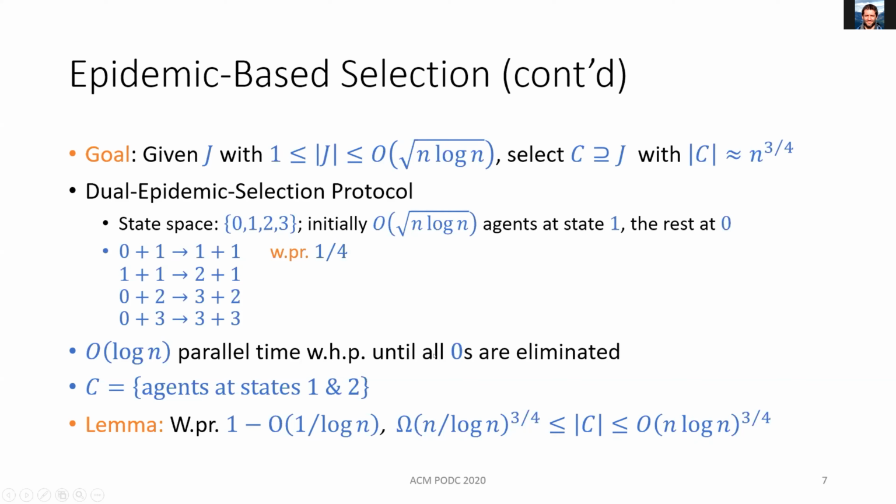This set stabilizes as soon as there are no agents in state 0, which happens after log n time. And the key technical lemma is to show that the size of set C is in fact very close to the target size of n to the 3/4. And thank you.